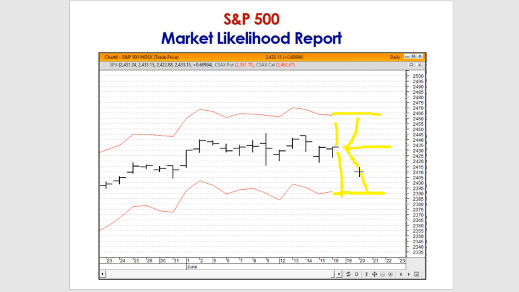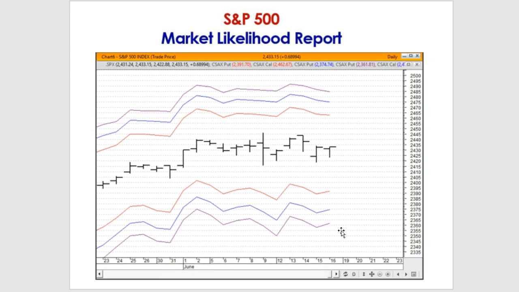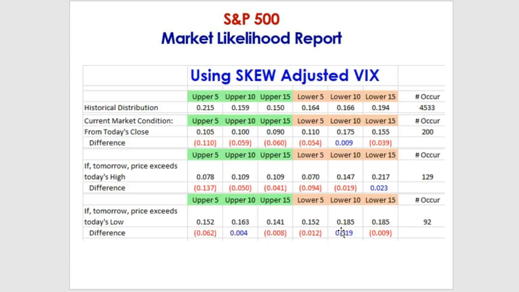All right, so we keep these statistics for every close going back, all 4,500 plus. We do this not only for the 5-day bands, but we go out 10 and 15 days as well, and we keep statistics on all 3 time frames.